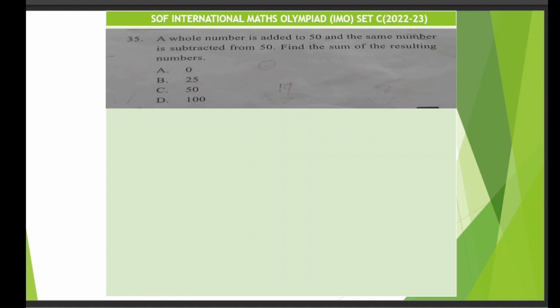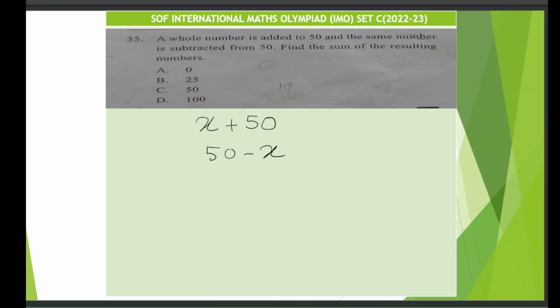Question number 35 says, a whole number is added to 50 and the same number is subtracted from 50. Find the sum of the resulting numbers. So, one whole number, let that number be x, first added to 50, it becomes x plus 50. Then it is subtracted from 50. What does it become if we subtract from 50? It becomes 50 minus x.